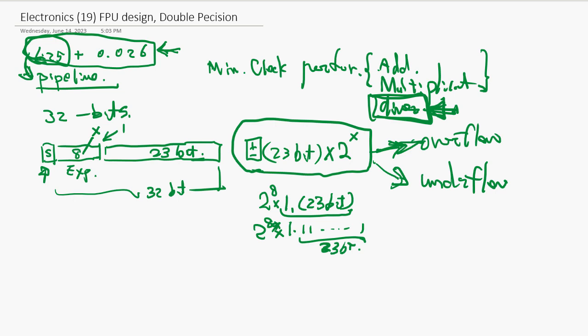What is the smallest number? It can be positive or negative. It's symmetric, right? And the smallest number is going to be when the exponent is 0, and this is not multiply, actually this is the digit, sorry.